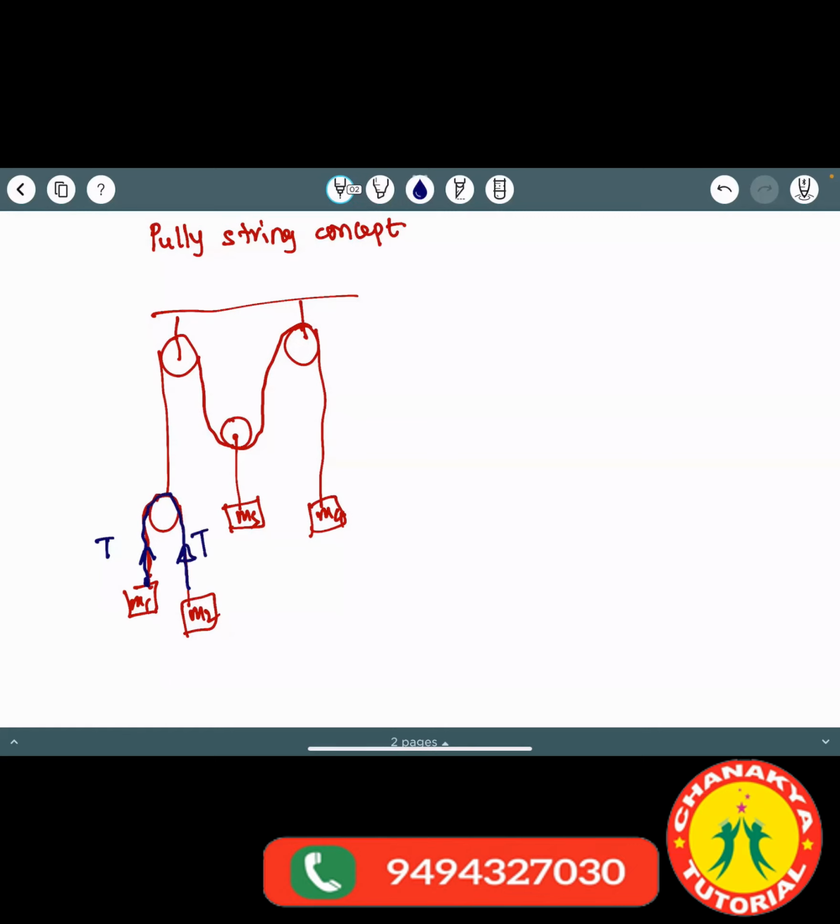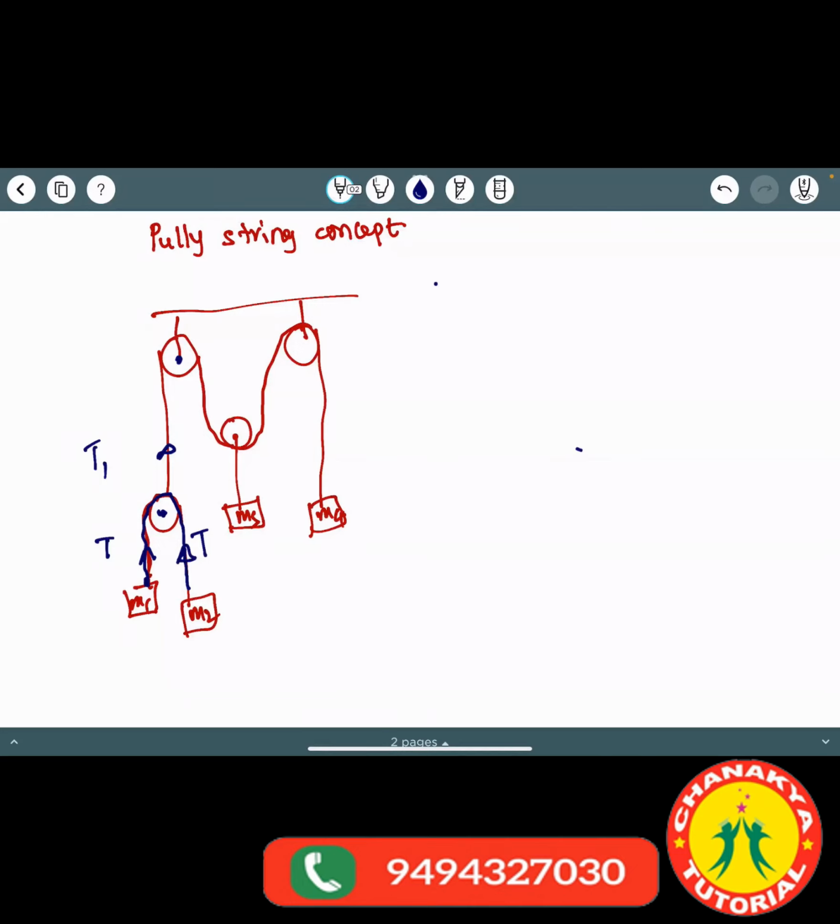Then they have to tell in the question that the pulleys are massless. Ideally, if they don't say anything, that means the pulleys are massless, correct? Now I want to find the tension here. Let's say the tension is T1. If this pulley is massless, then the net force on the pulley is 0.